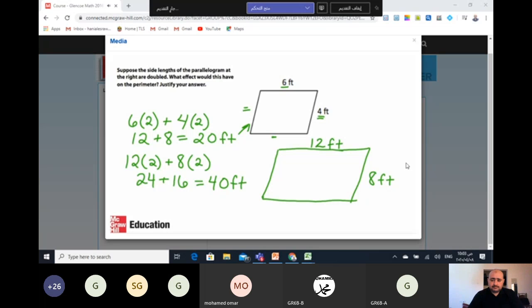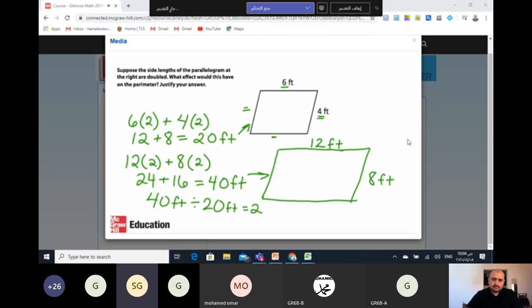Well, now we need to compare, because this is the perimeter of that parallelogram. In comparing the perimeters, we know that 40 feet divided by 20 feet equals 2.